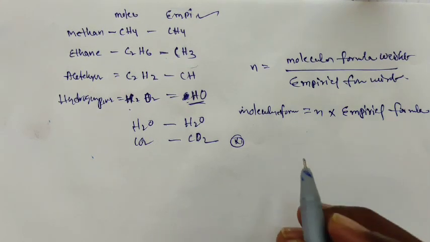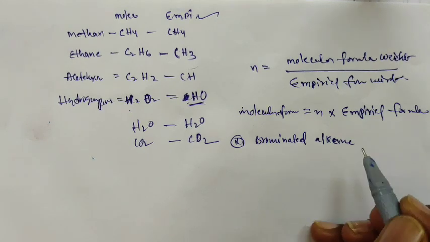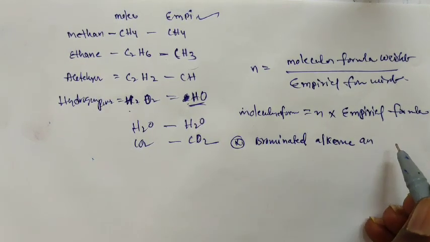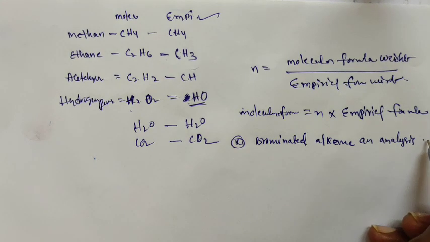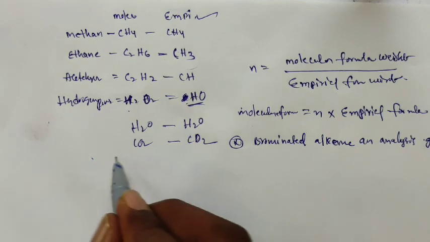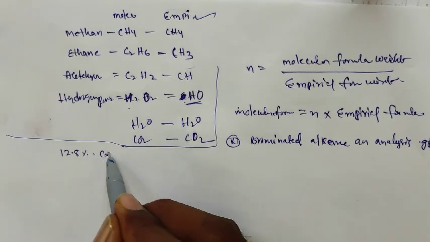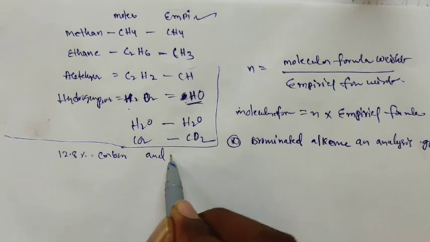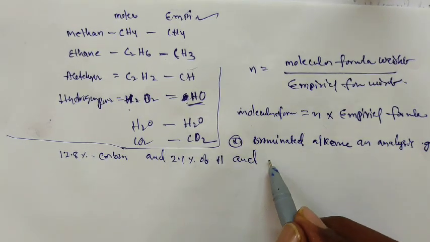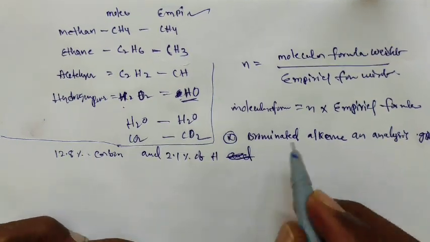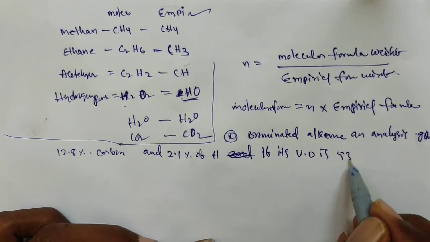I will give one question. A brominated alkane on analysis gives 12.8 percent of carbon and 2.1 percent of hydrogen, and its vapor density is 93.95.